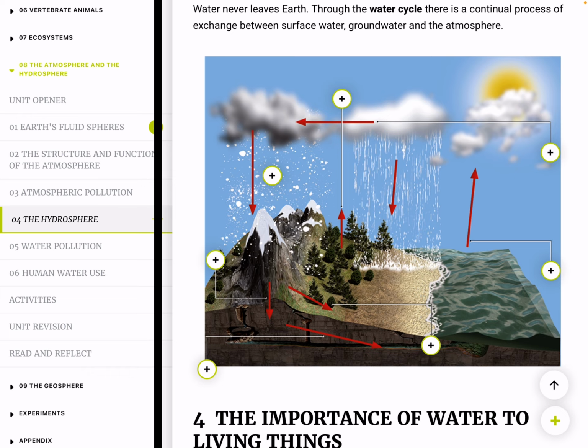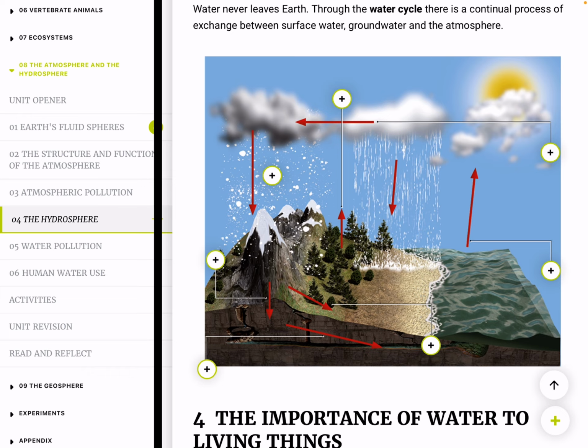So evaporation takes place because of the activity of the sun and also transpiration. However, the force of gravity acts as an engine because it transports water from the highest altitude to the lowest altitude, from highest mountains to oceans.